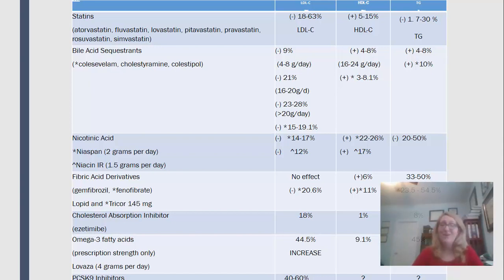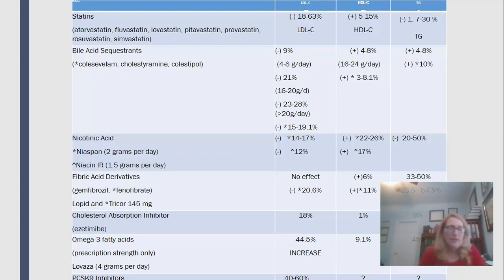Now, those things are very rare, but it does happen. So you need to be aware of it. So when the patient comes in and they're talking about their aching, and they appear to be aching and uncomfortable, check that CK.